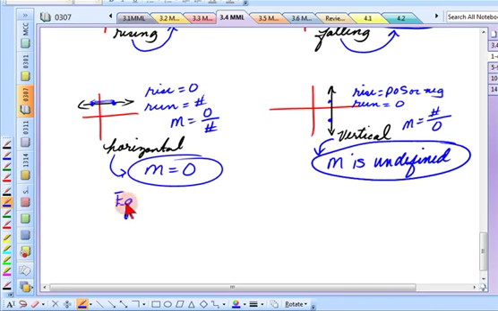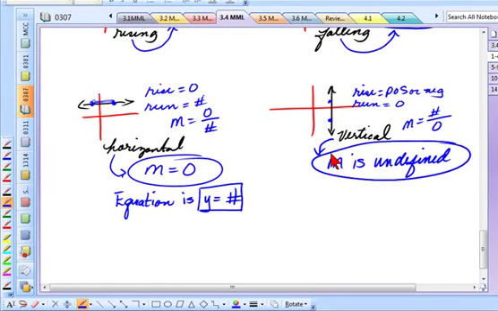The equation is y equals a number. y equals 5 cuts through the y-axis at 5. y equals -2 cuts through the y-axis at -2.